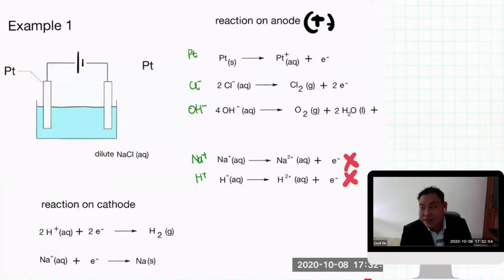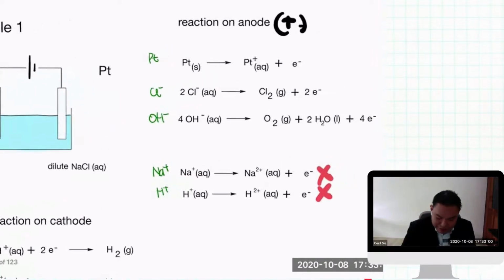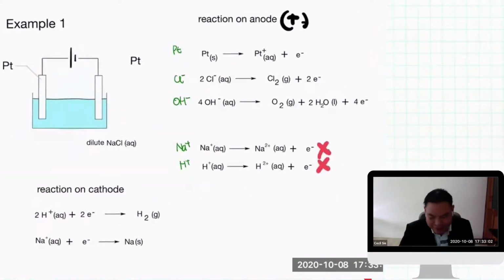So if you're positively charged, you tend to take electron away from people, which means the other three, the one that so-called still possible, Pt will turn into Pt plus because you take electron away from it.